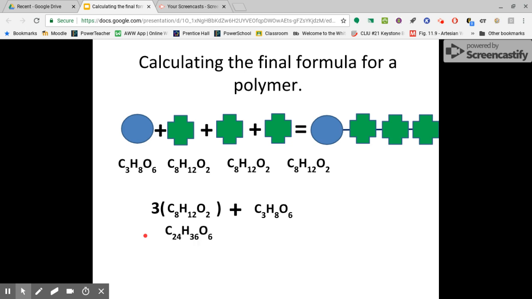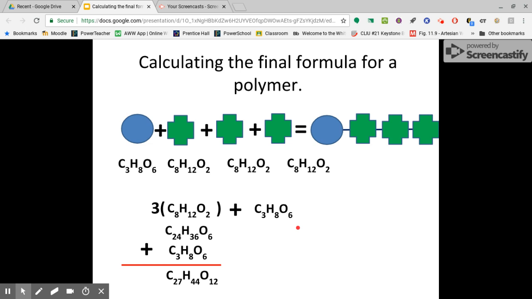So my 3 multiplied across gives me C24H36O6, distributing that 3 across, plus this one, C3H8O6, gives me a total of C27H44O12. And hopefully someone's checking my math that I didn't make a mistake here.